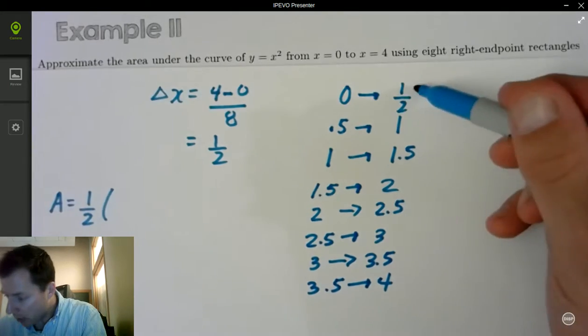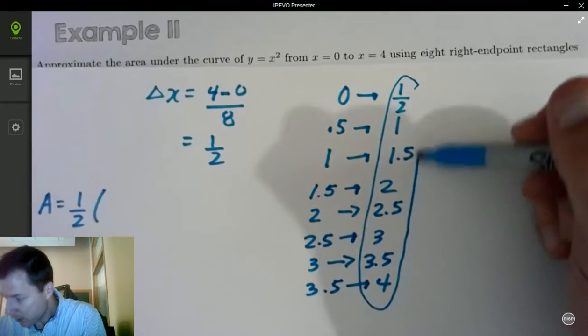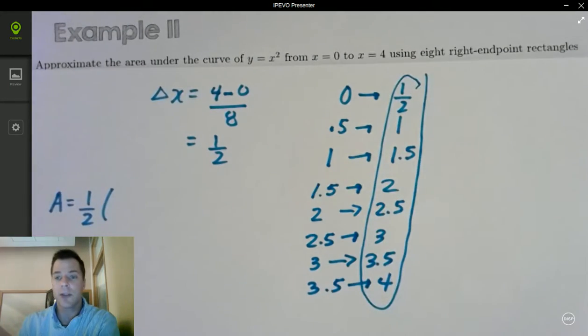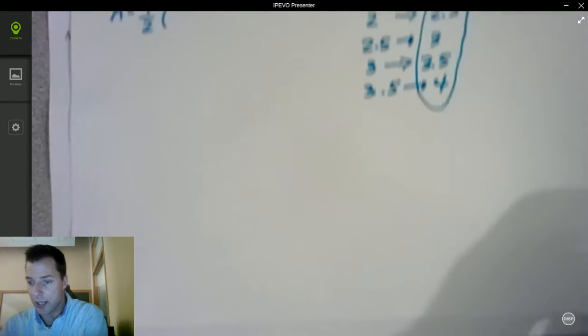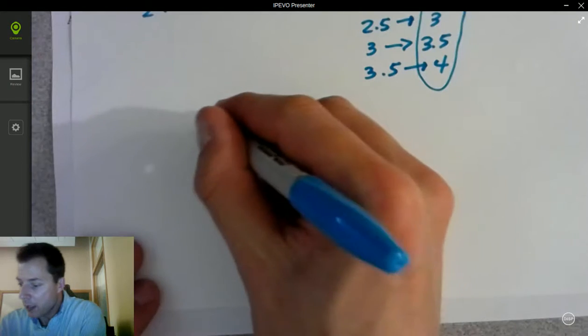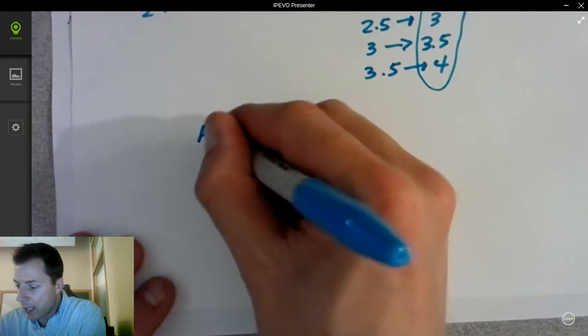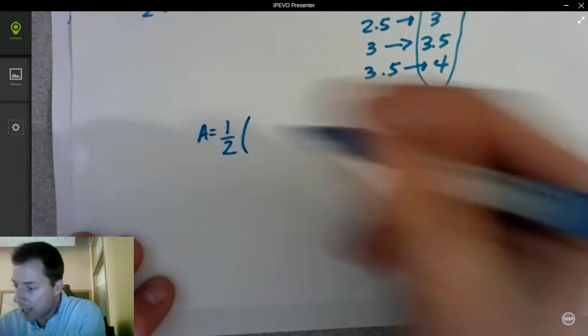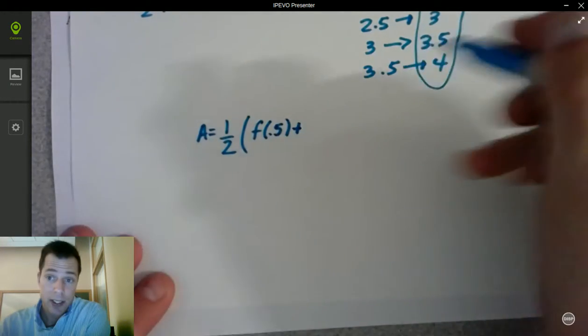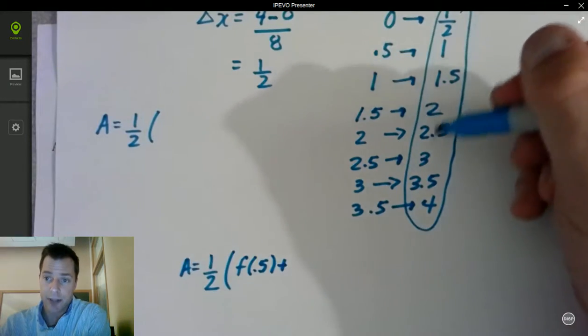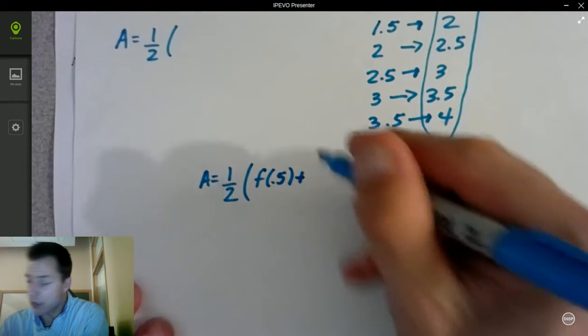Okay, here's our right side. There's the right side. That's what's going into the function. I hope I have enough space. So let's go ahead and write this. Area equals 1/2 times f of 0.5 plus, so each one of these values now is getting plugged into the function. These are all the heights.